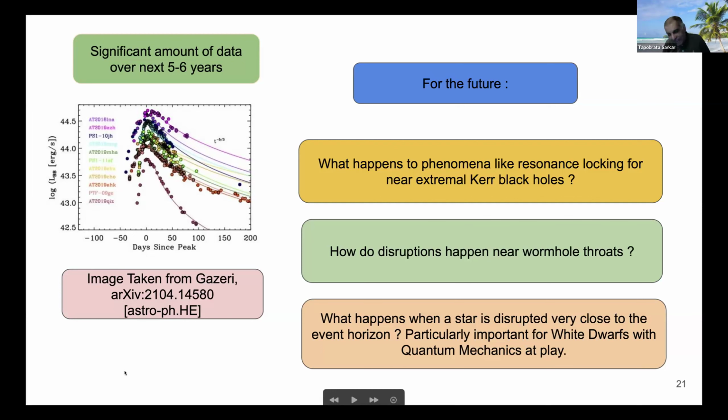People have developed a general relativistic version of that, because when you're going very close to the horizon, you really cannot do the Newtonian approximation to the fluid dynamics. People have come up with some nice things about general relativistic smooth particle hydrodynamics. But this is in a very nascent stage, a very recent development, maybe over the last 1 or 2 years. So hopefully some of these things will shed light in the future.